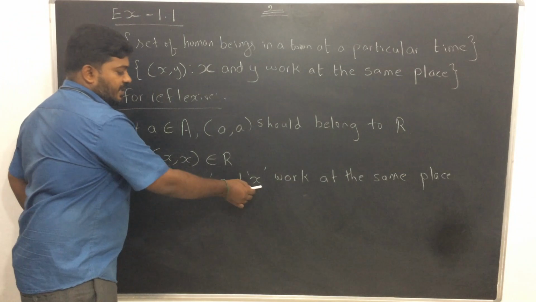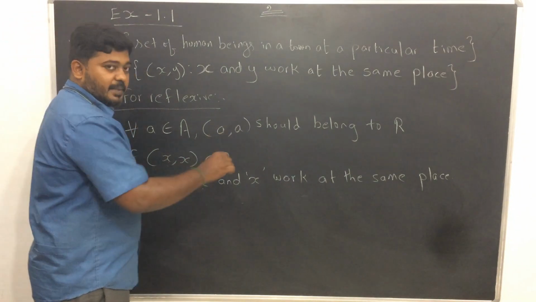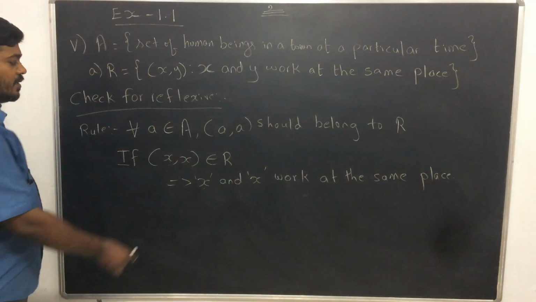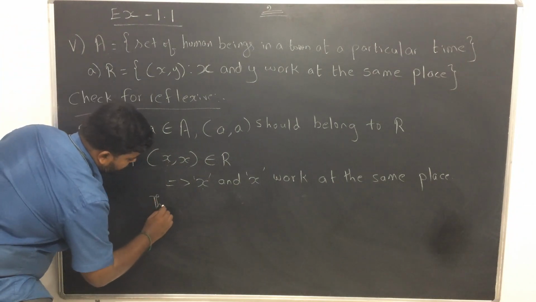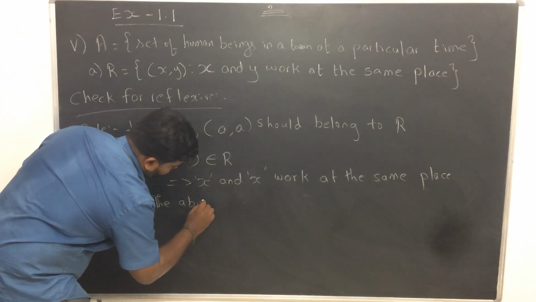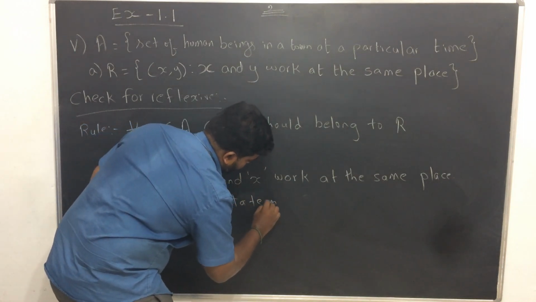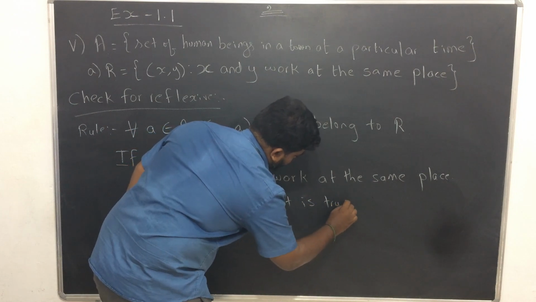Of course, X and X are the same person, right? They are the same person, so obviously they will be working at the same place, right? So this statement is true. The above statement is true.